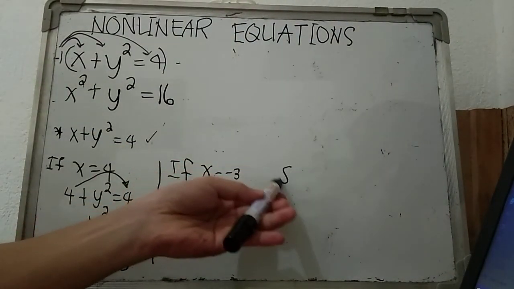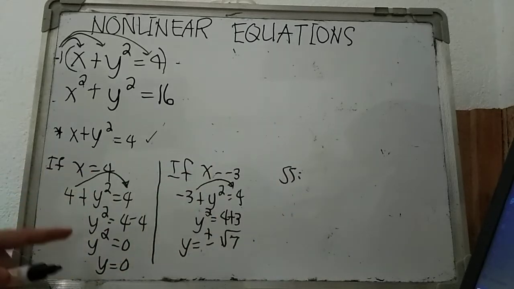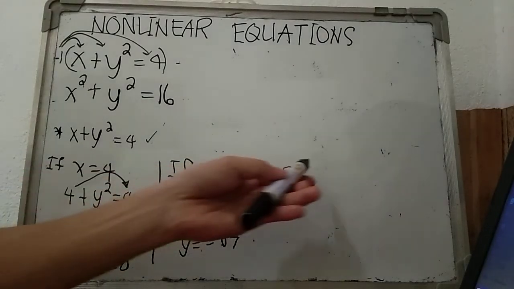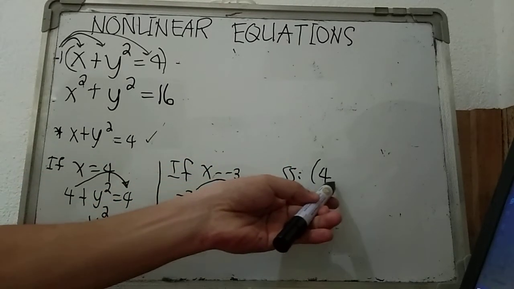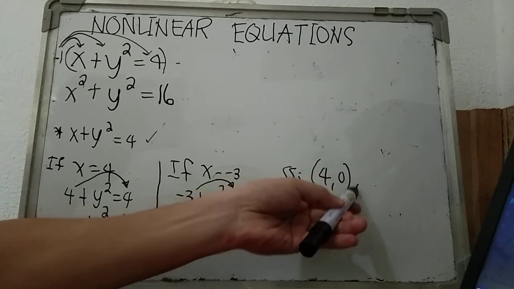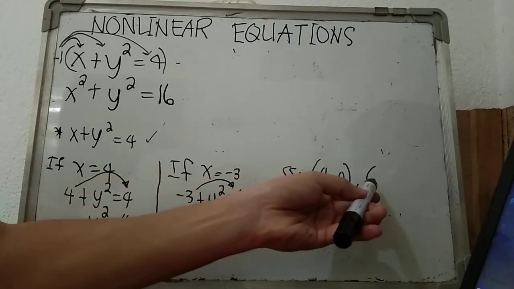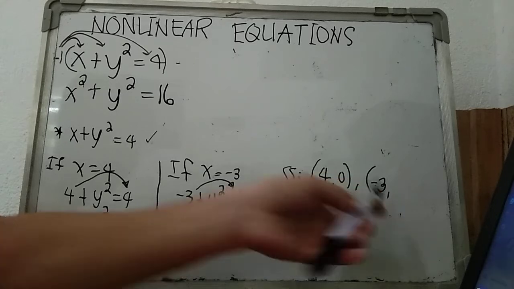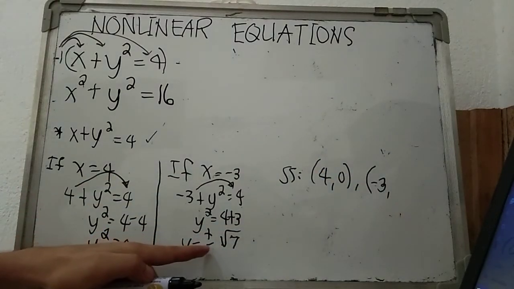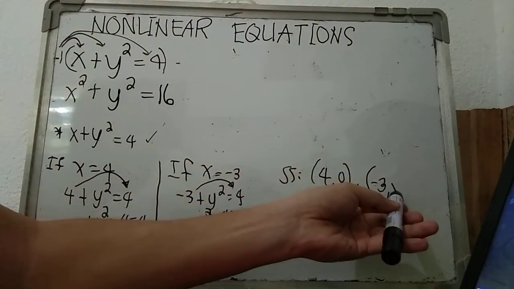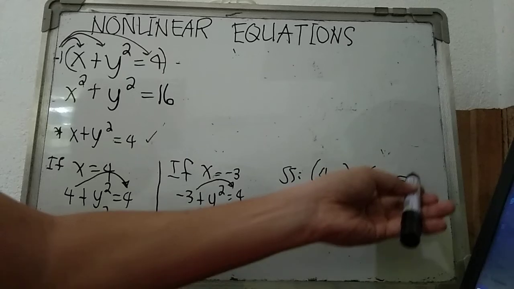In short, your first solution set is coming from here. If your x is 4, then your y is 0. So we have (4, 0). The other one is that if your x is equal to negative 3, then what is your y? We will take the positive value, that's positive square root of 7.